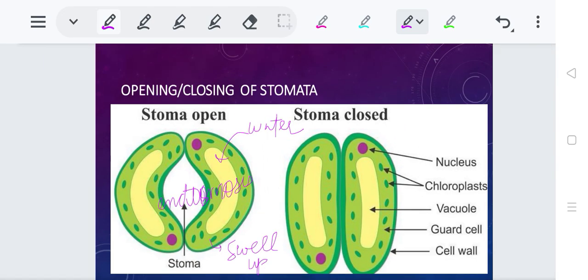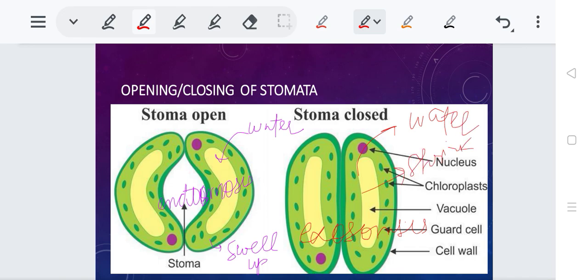So when it's closing of the stomata, then what happens? We have exoosmosis. The water from the guard cells goes out and they shrink.